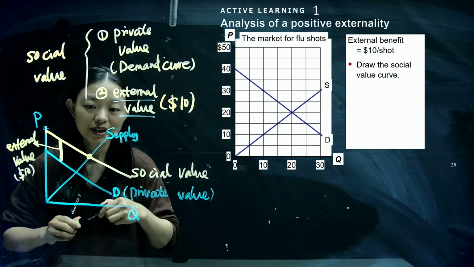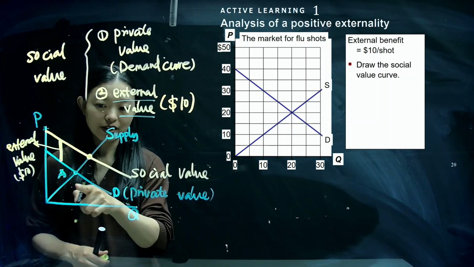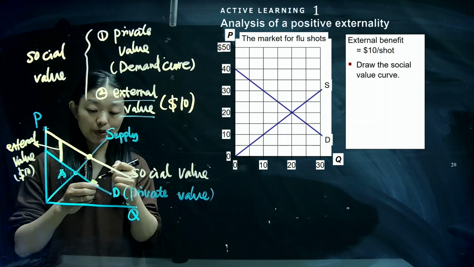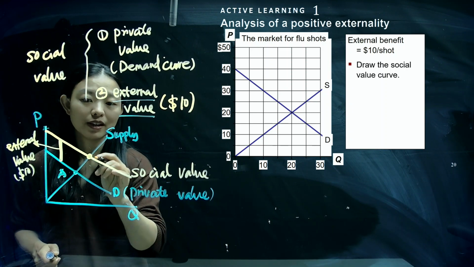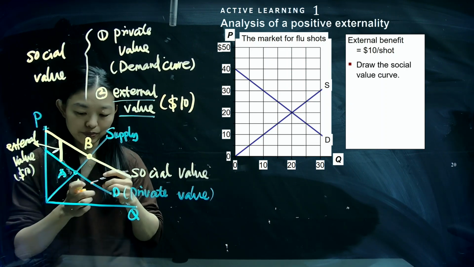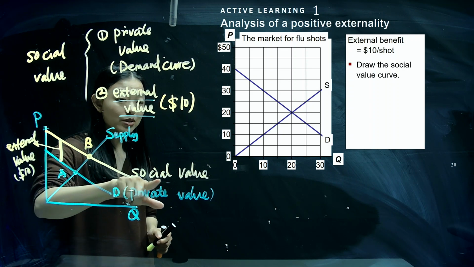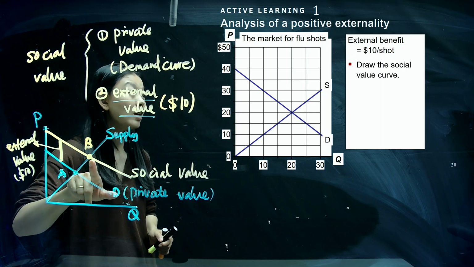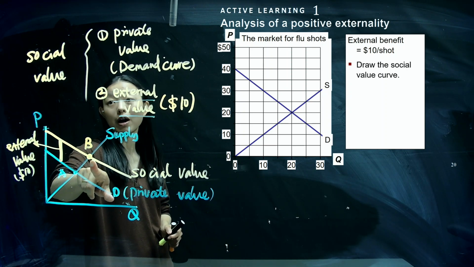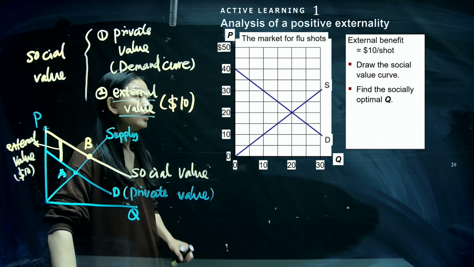Originally, demand and supply intersect at point A, our original equilibrium point. But after we add in the external value, we have a new point, point B. Point B is the intersection of the social value curve and the supply curve. So point B is the new social optimum point after considering external value.